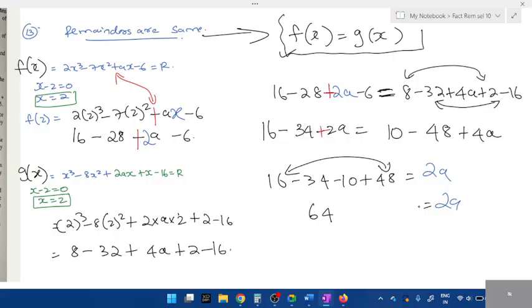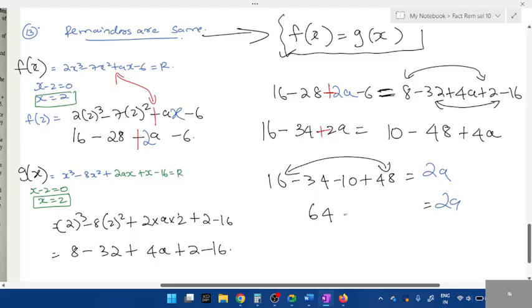Take minus 34 and minus 10. 48, 58, 58 plus 6, 64.